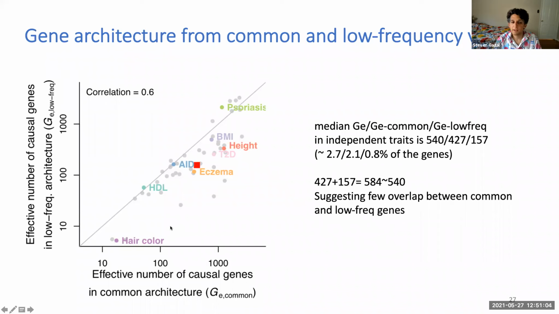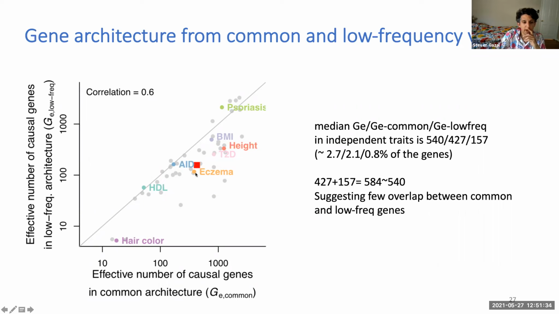We did that because it's well known that low frequency variants can have high effects, and there is less causal variance in the low frequency spectrum than in the common spectrum. So we split this number of effective causal genes into the ones explained by common variants and low frequency variants.